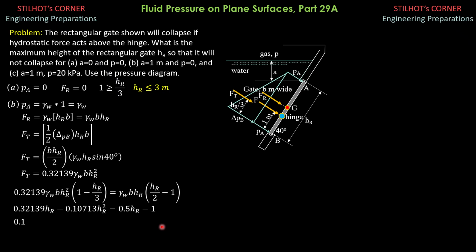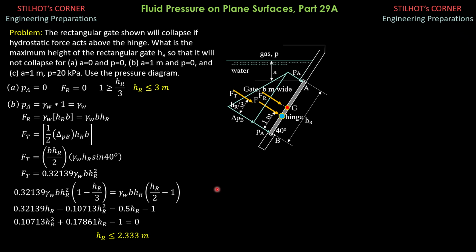Combining like terms and simplifying, we have 0.10713 HR square plus 0.17861 HR minus 1 equals 0. Then using your high-tech calculator quadratic equation, HR should be less than or equal to 2.333 meters, just like in part 29.